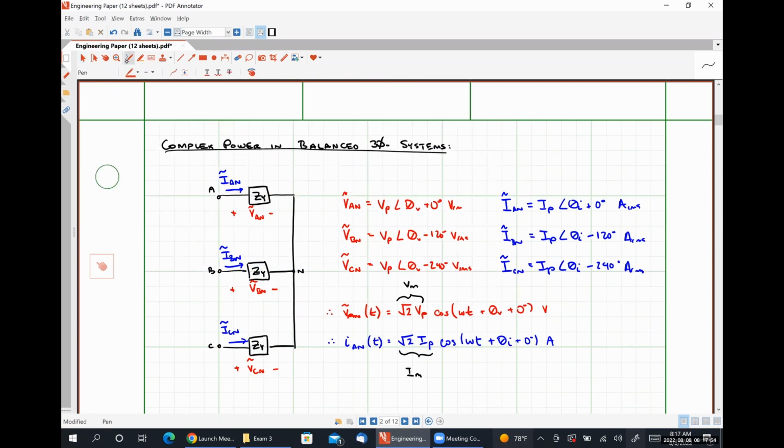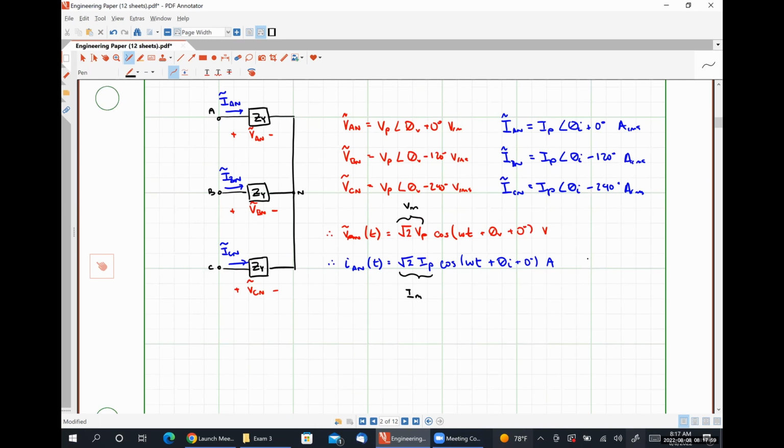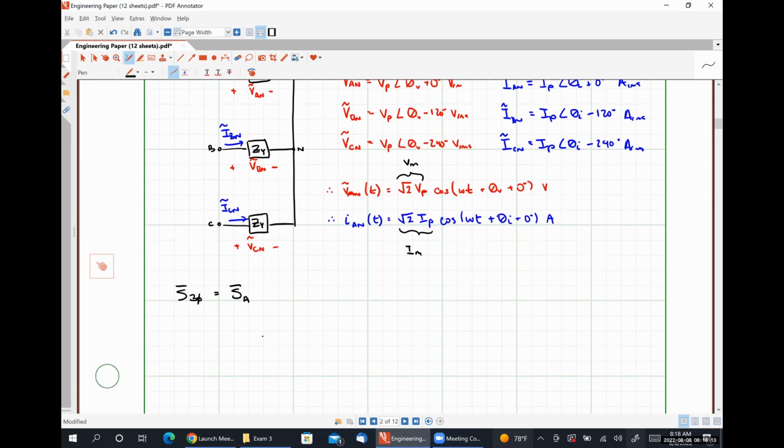So the complex power absorbed by our three-phase network is simply going to be the complex power that's absorbed by the A phase of the load plus the complex power that's absorbed by the B phase of the load, plus the complex power that's absorbed by the C phase of the load, treating it very similarly as we did our instantaneous power example, but we are simply using our complex power relationships.